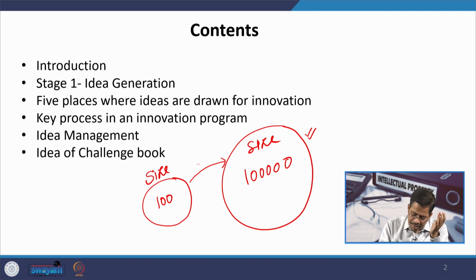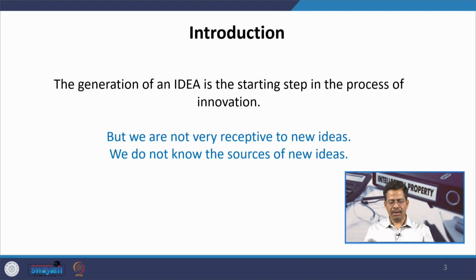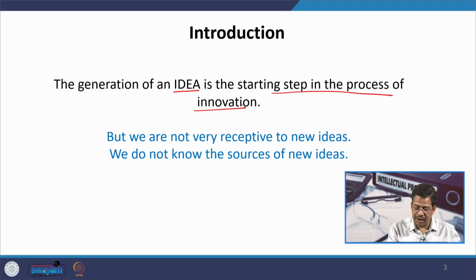So, more IPs are coming from more ideas, and therefore this discussion of idea generation becomes important in this particular course. Now, an idea is basically the starting step in the process of innovation, but it is not easy to get new ideas.